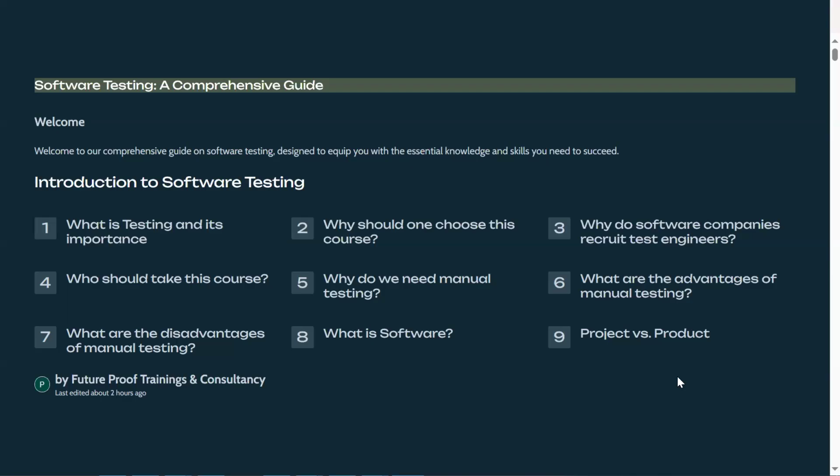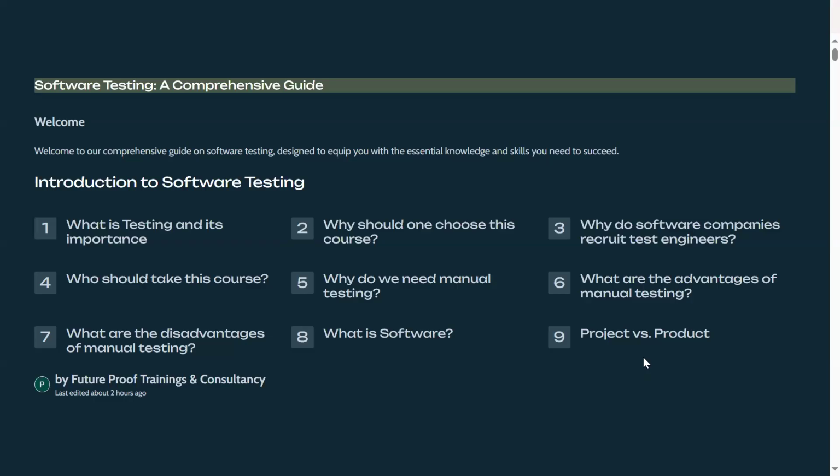What is project versus product? What is a project and what is a product? Any idea? Basically, a project refers to software which is developed to meet the specific requirements of a particular client or organization.